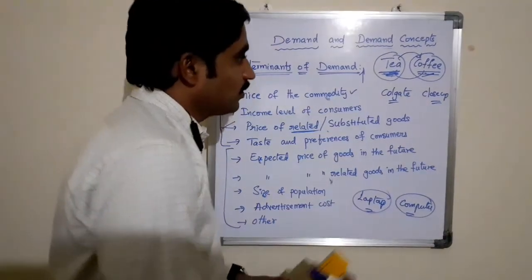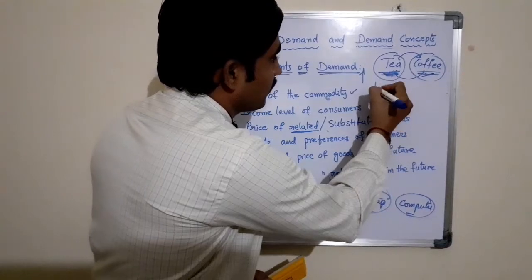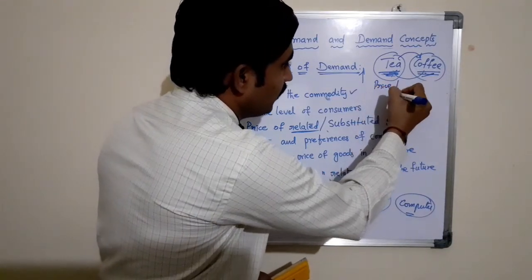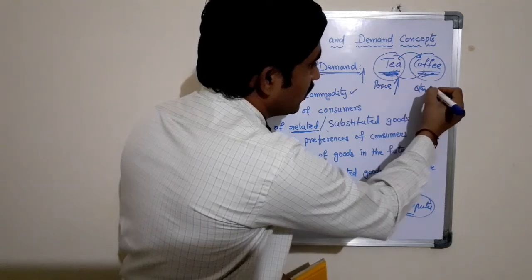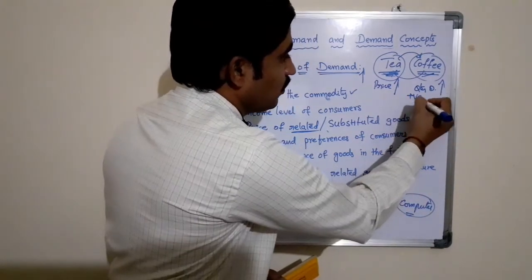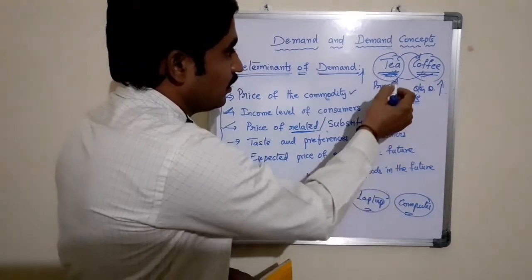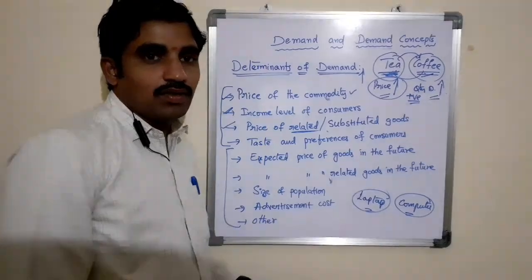If the price of tea is increasing, the coffee quantity demand will increase. There is a positive relationship between the substitute good price and the quantity demand of a commodity.